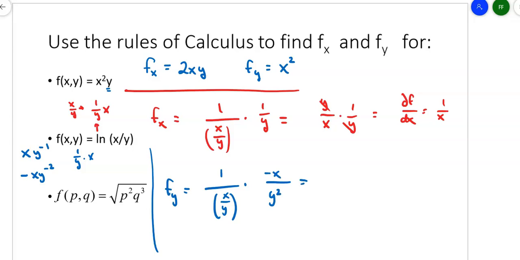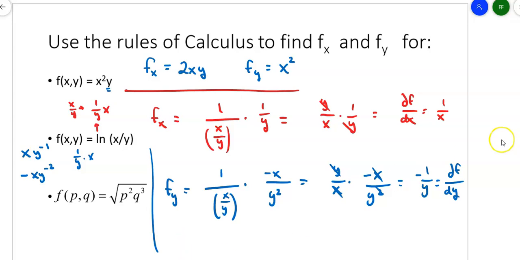The 1 over x over y becomes y over x times negative x over y squared. So there's a little canceling going on here, and I end up with a negative 1 over y as the partial derivative of f with respect to y.